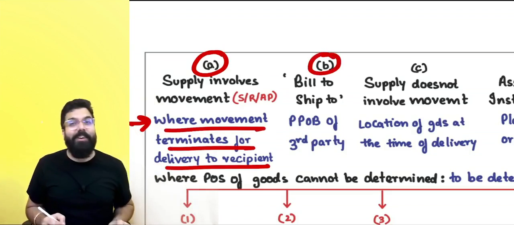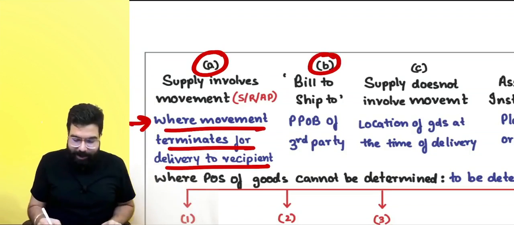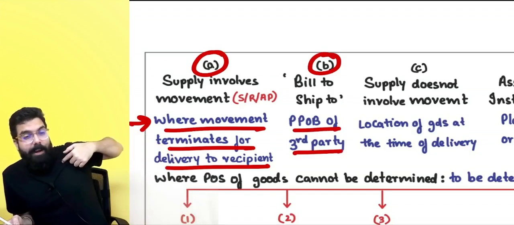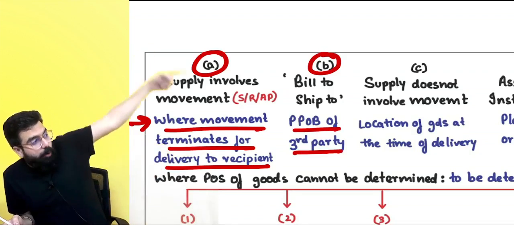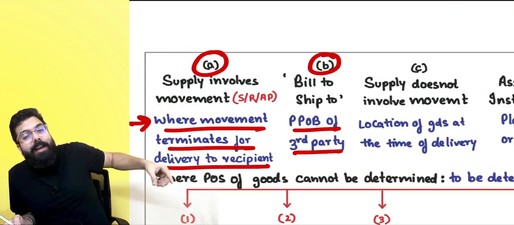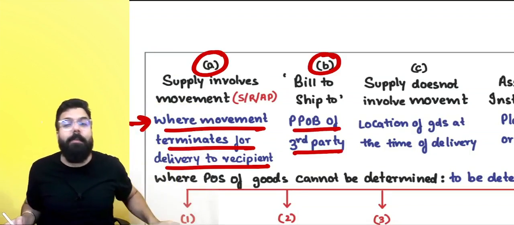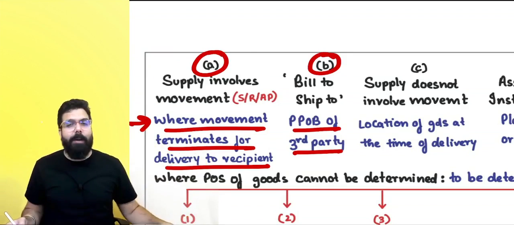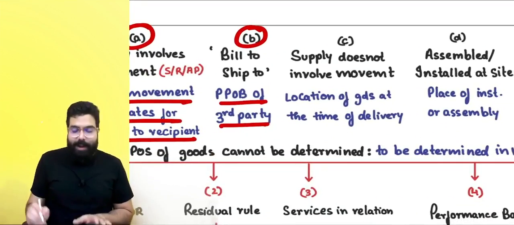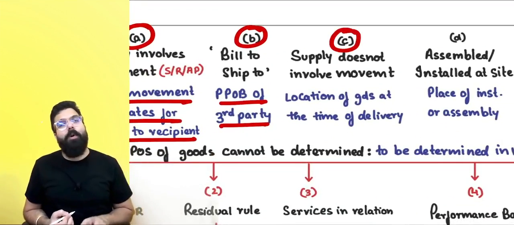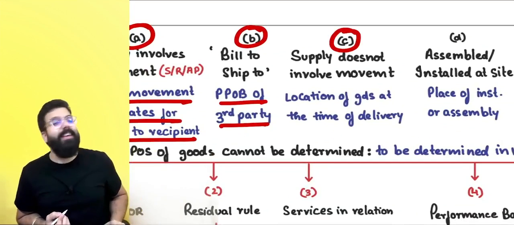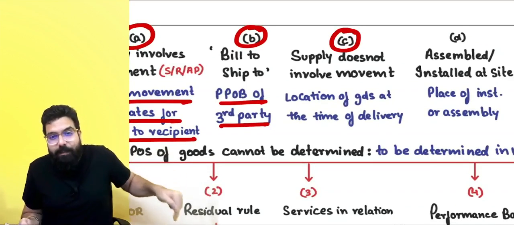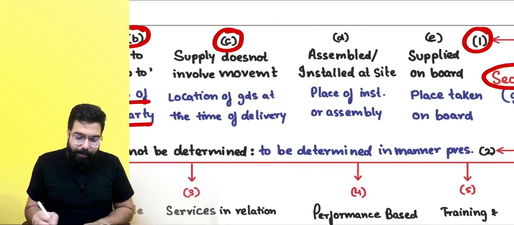In the bill-to-ship-to model, the principal place of business of the third party becomes the place of supply. Section 10(1)(c) says if supply does not involve movement, the location of the goods at the time of delivery becomes the place of supply.